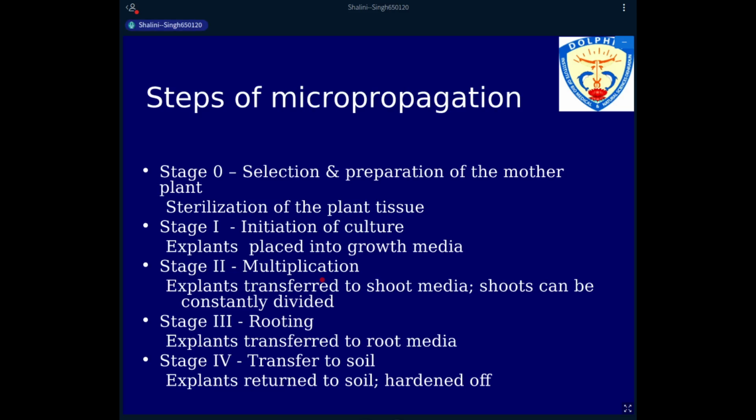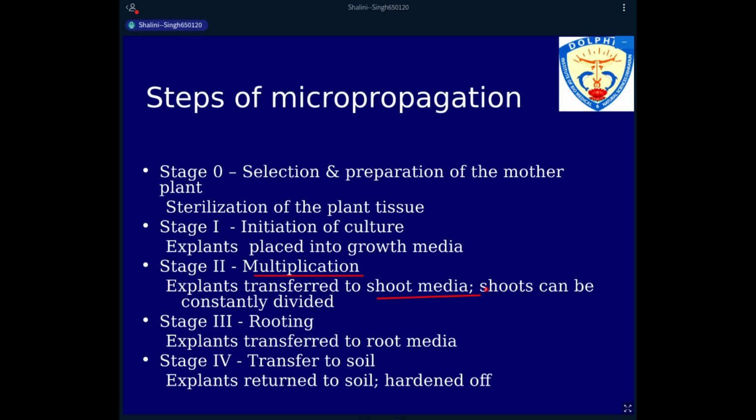Then stage 2 is known as multiplication. Explants are transferred to shoot media. Shoots can be constantly divided. So what is shoot media? Shoot media is the basic nutrition medium, MS medium plus cytokinins.